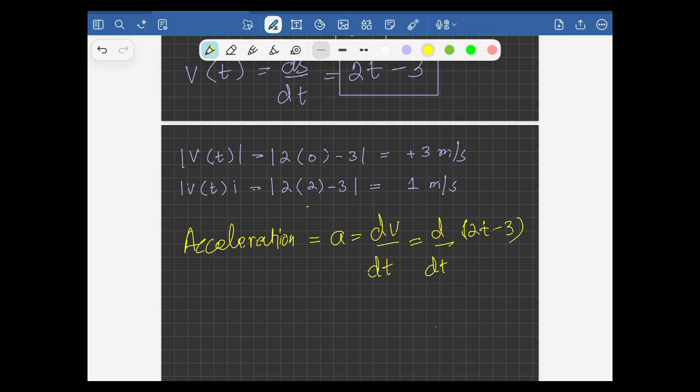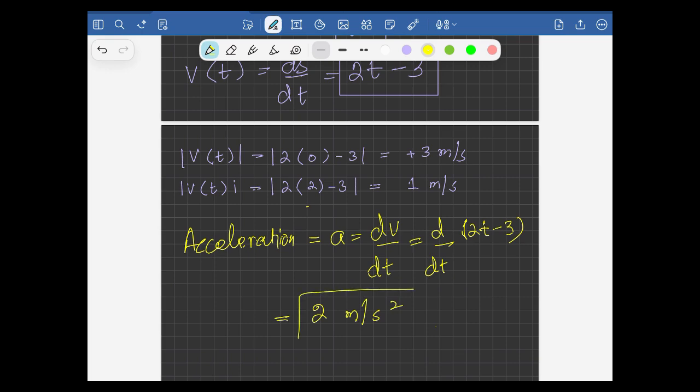So this becomes 2, 1 times 2, the constant becomes 0, and that's it. It's going to be 2 meters per second per second.